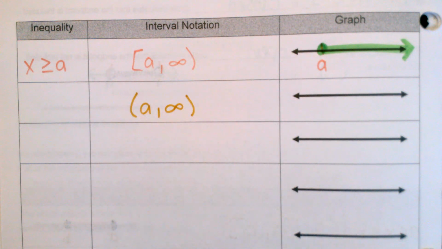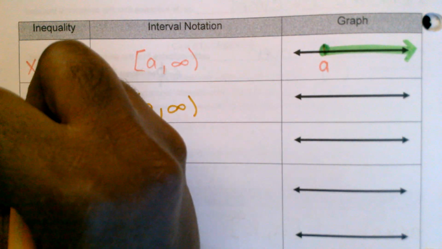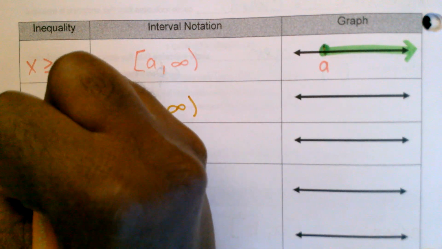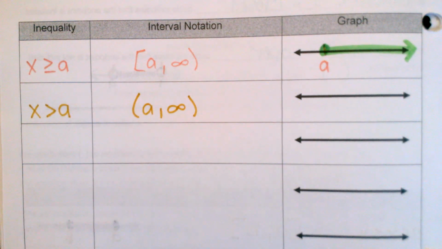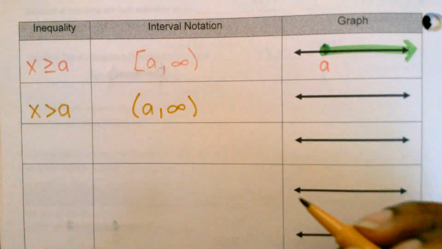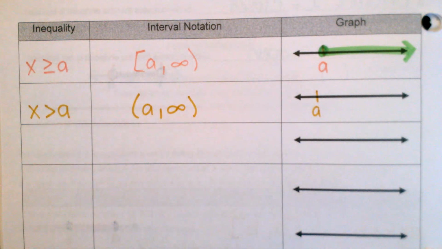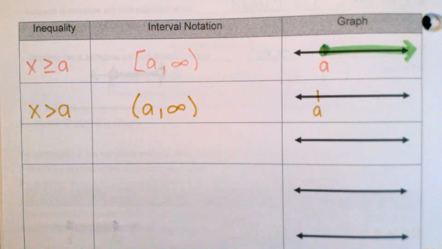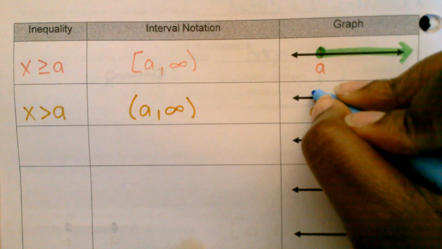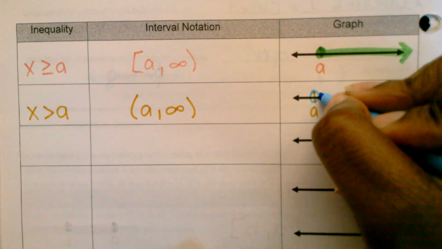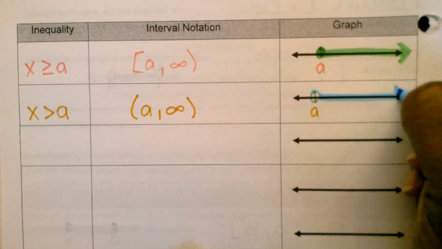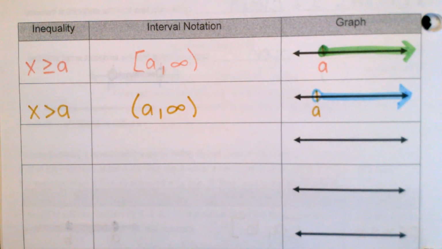So my inequality, all of my x values are greater than A, and A is not included. So I'm placing A on my number line. A is not included, so it gets what? Yes, it does. Excellent job.